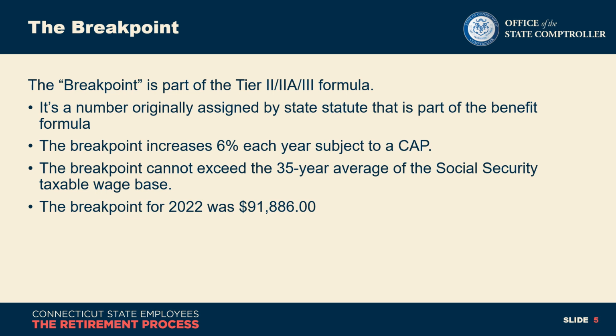For example, the breakpoint in 2022 was $91,886. Under the benefit formula, if your average salary was above the breakpoint, any earnings that are over the breakpoint are multiplied at 5/6 of 1%.